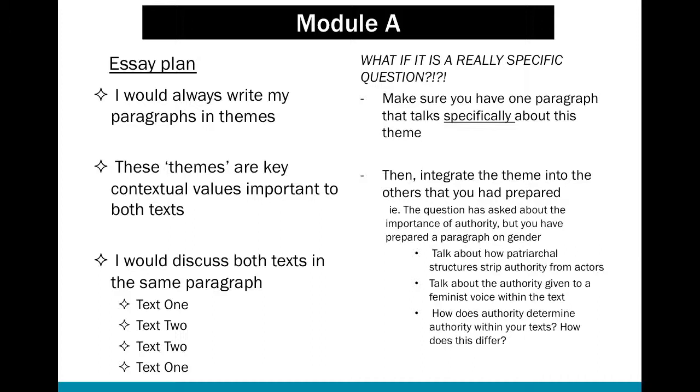I would talk about how a feminist voice is given authority within a text, or rather how context determines authority in my texts, and how this differs between my two texts. As you can see, you can keep the theme that you had prepared, but you must integrate what the question has given you, in order to make sure you're hitting the 17 to 20 out of 20 range.